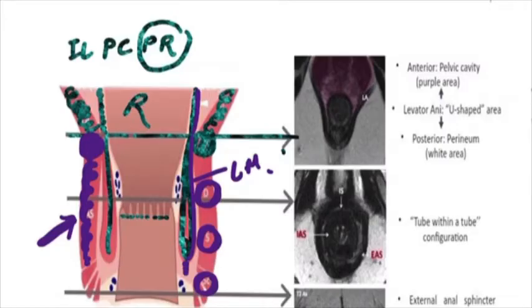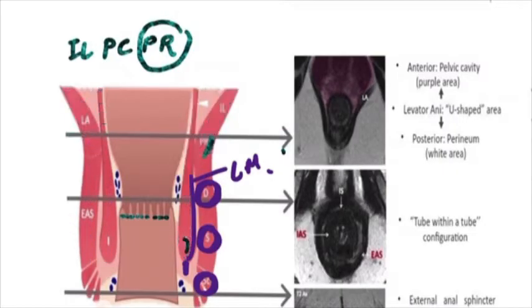We knew that the internal anal sphincter covers just the upper 2/3 part. So let's see the MRI images, how these sphincters look in MRI.